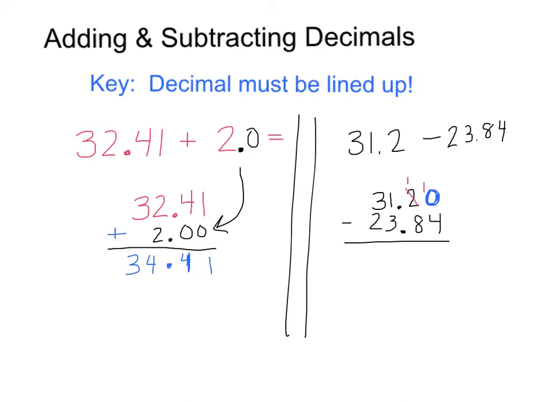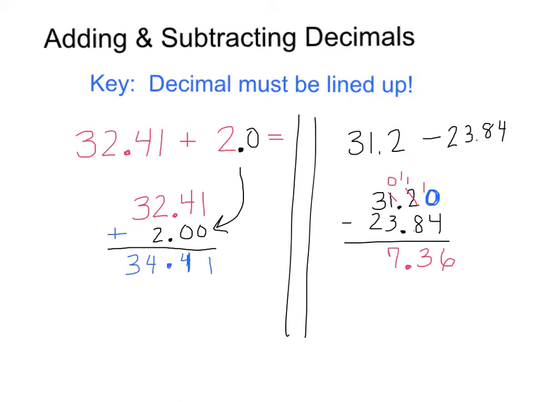So make that 10 minus 4 is 6. 1 minus 8 I can't do, so I need to borrow from here, changing that to a 0. Making that 11 minus 8 is 3. My decimal place will stay in the same place. And then over here, I basically have 30 minus 23, which is 7. So 7.36.